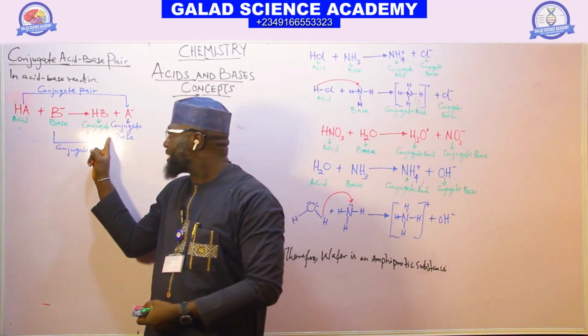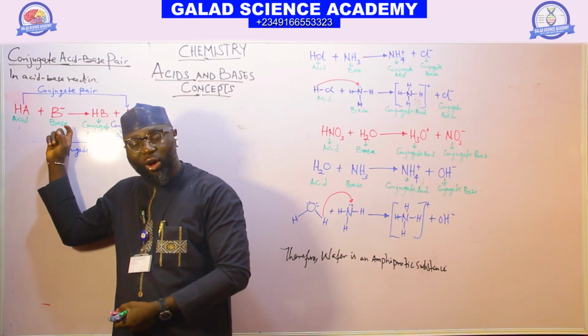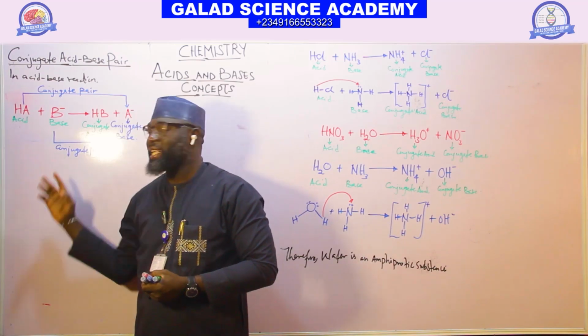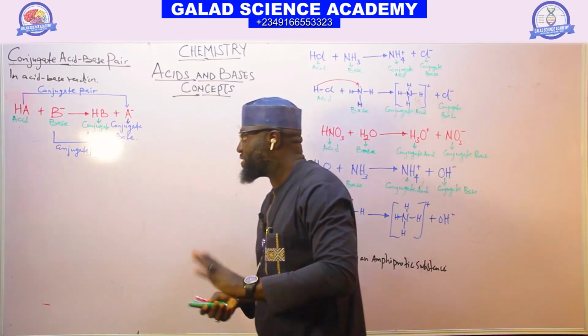But a conjugate acid forms when the original base accepts a proton from the original acid. That's the conjugate pair. I will give you about 5 examples on this.